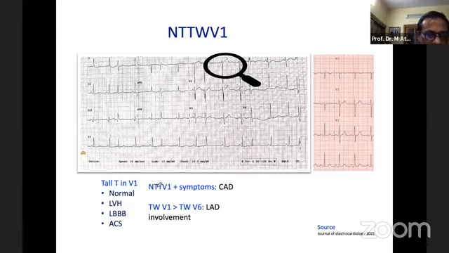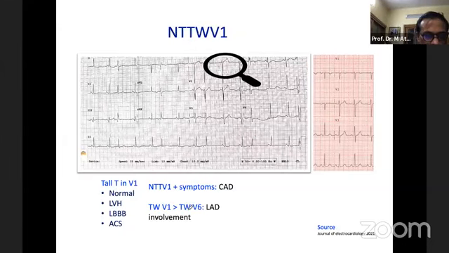That is, new tall T wave in V1 plus angina, coronary disease, or tall T wave in V1 greater than V6. That is, the amplitude of the T wave in V1 should not be greater than the amplitude of the T wave in V6. So when the T wave amplitude in V1 is greater than that in V6, this is called the tall T wave.